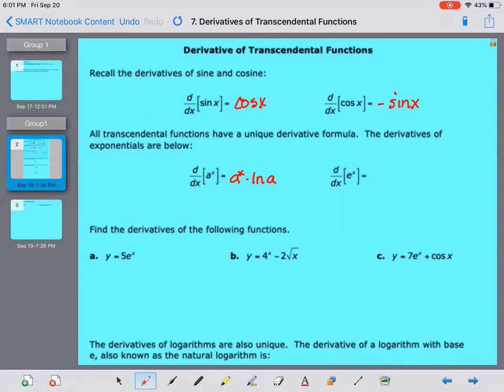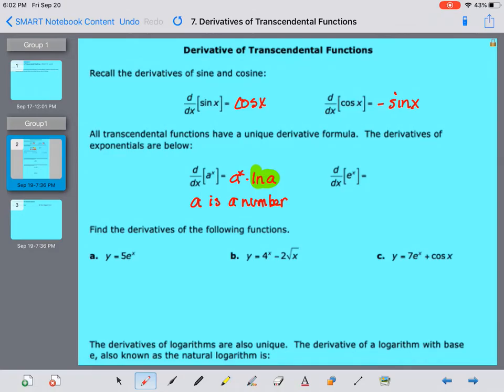The one thing we want to remember is that the a is a number. If a is a number like 4, 5, or 7, that means the natural log of a is also a number, so it acts as a coefficient to our exponential function, if we think about it that way.